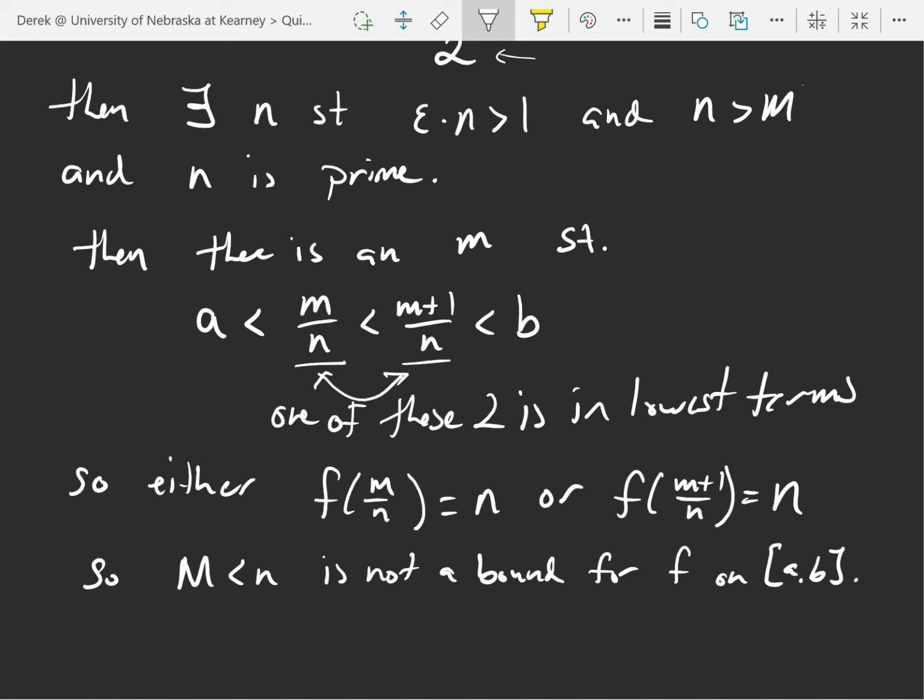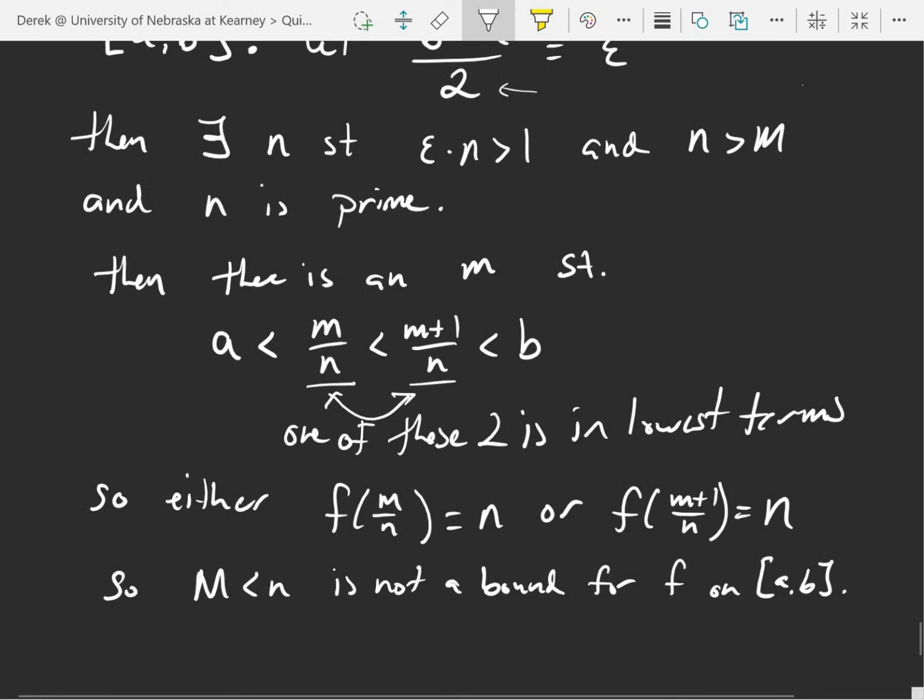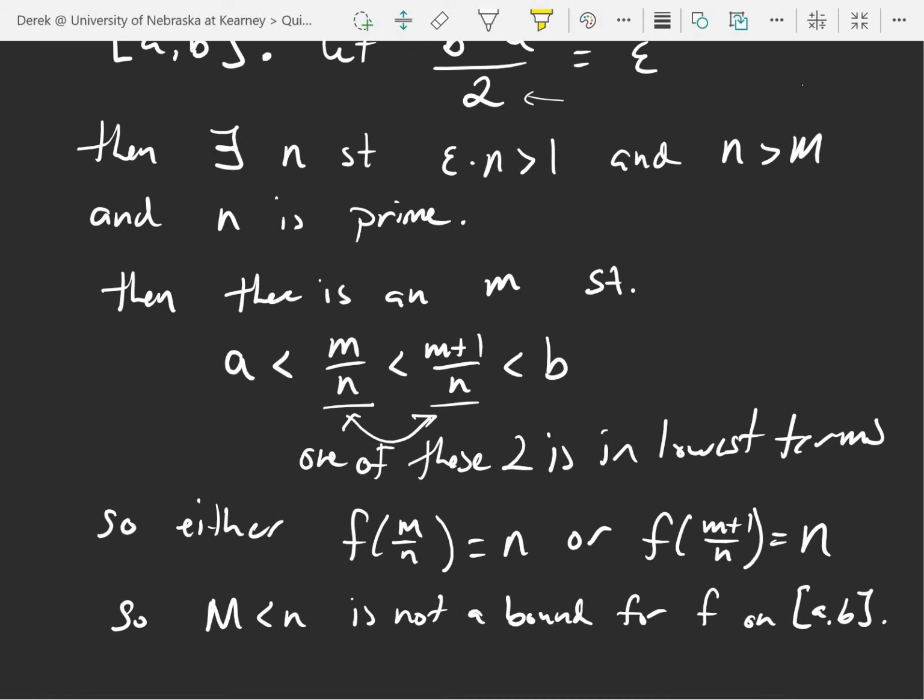Since M was arbitrary, I can find infinitely large values of f on this interval, so that it's completely unbounded on that interval. Since it's completely unbounded on every interval, there's no way that I can make any point a continuous point for this function.